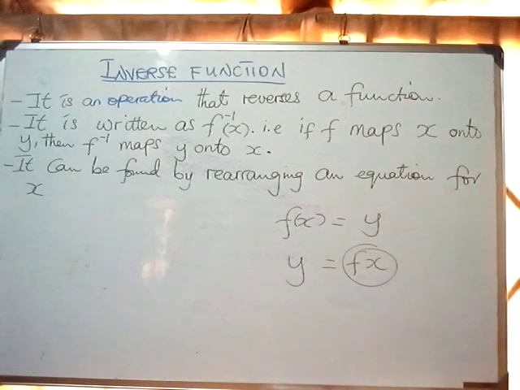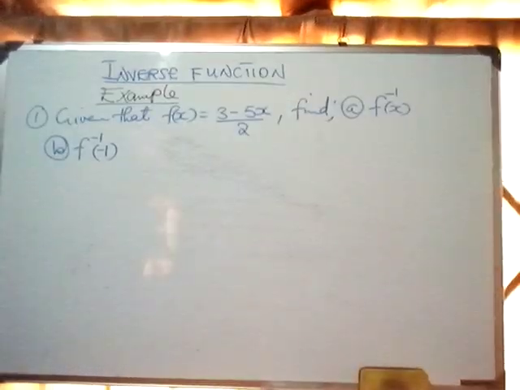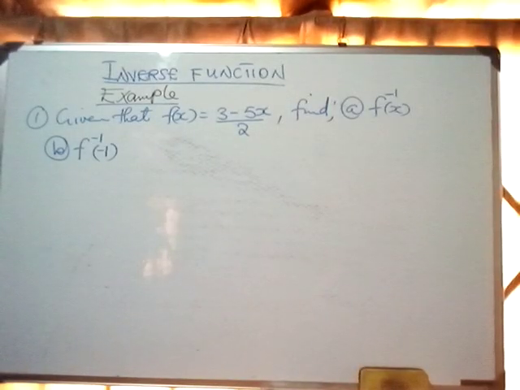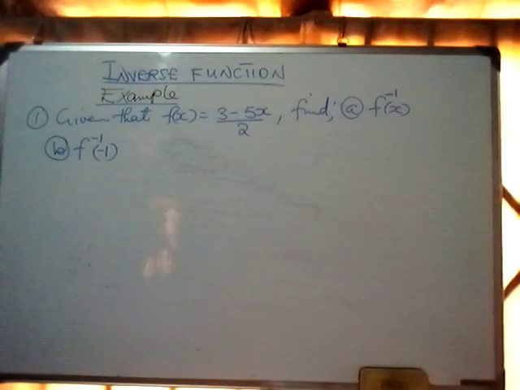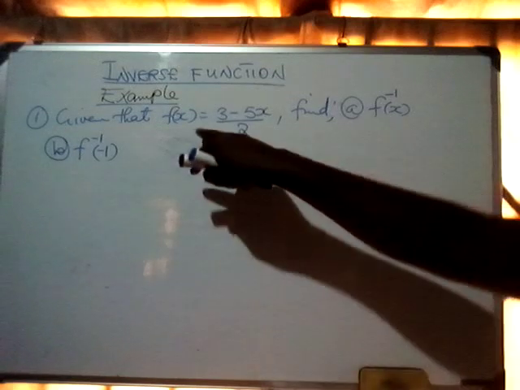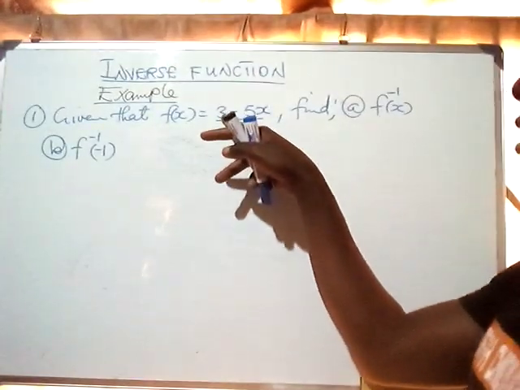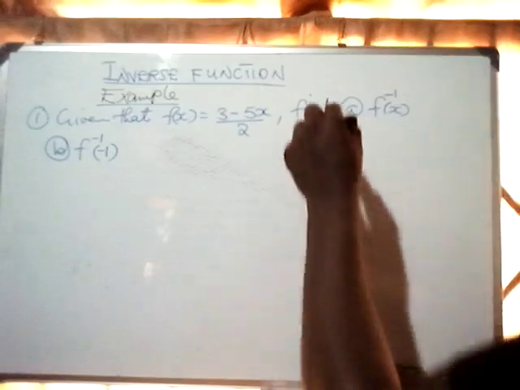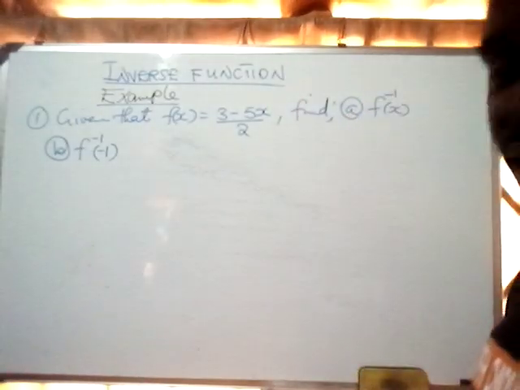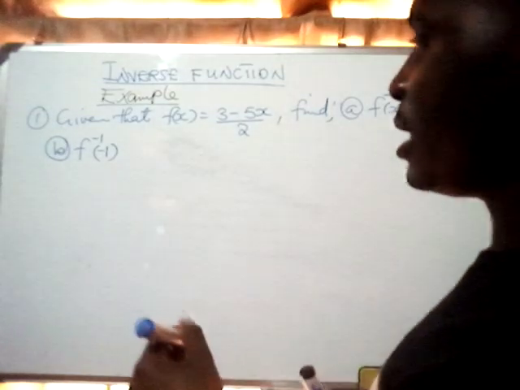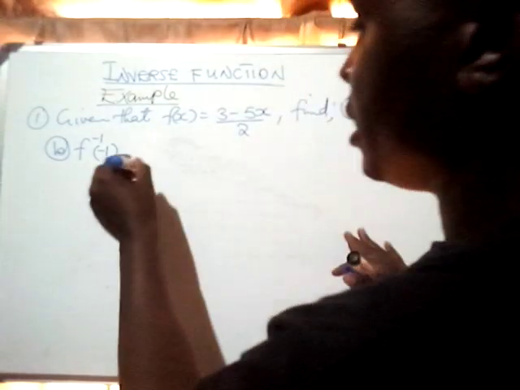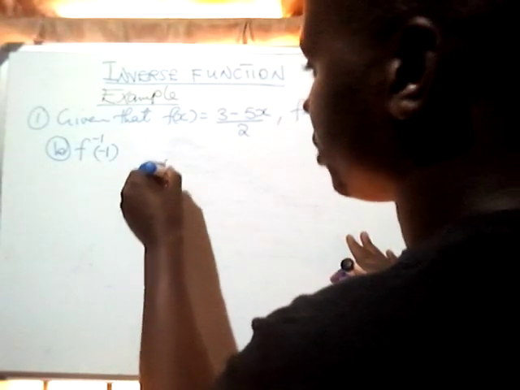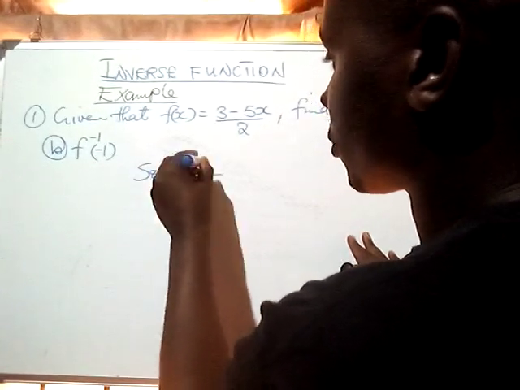Let us look now at the examples that come under the inverse. So this is the example we have. The example says, given that f of x is equal to 3 minus 5x over 2, find a, f inverse. So our solution now will be like this.